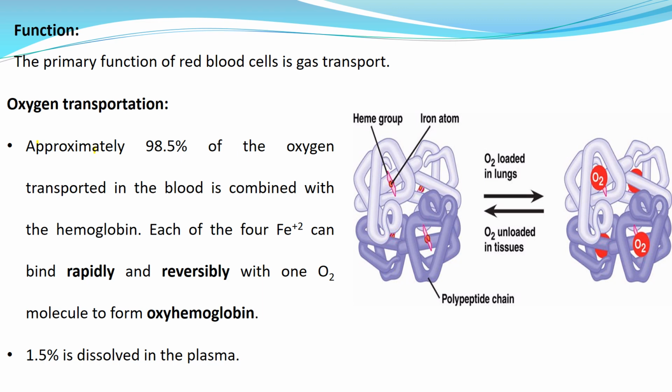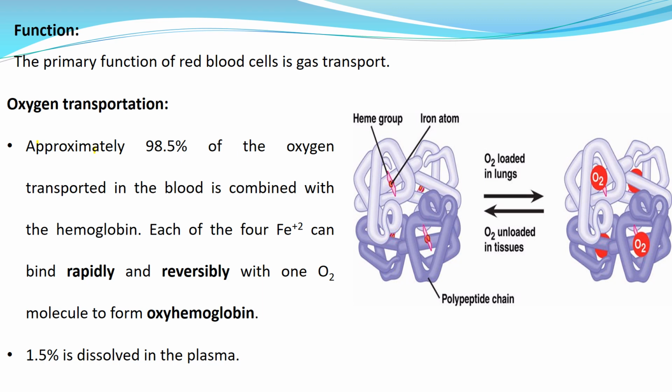The primary function of the red blood cells is gas transport. The red blood cells are mainly involved with gas transport between the respiratory system and the tissue cells through the cardiovascular system.